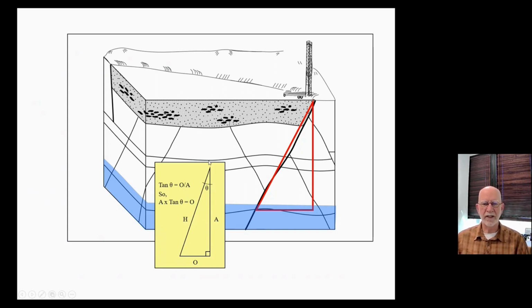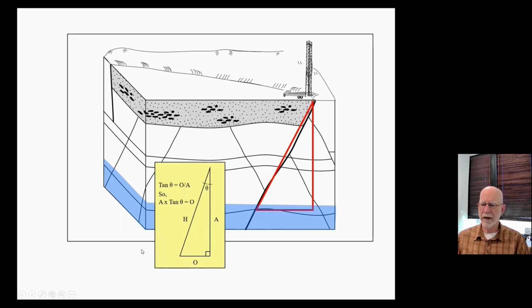So if we take that adjacent side and we multiply it by the tangent of this angle that we can measure, so let's say we measure it 5 degrees or 2 degrees or 1 degree, just a little bit, we can determine this opposite length. And this opposite length down here, it's the same length that we need to move our drilling rig to hit the water and the fracture.